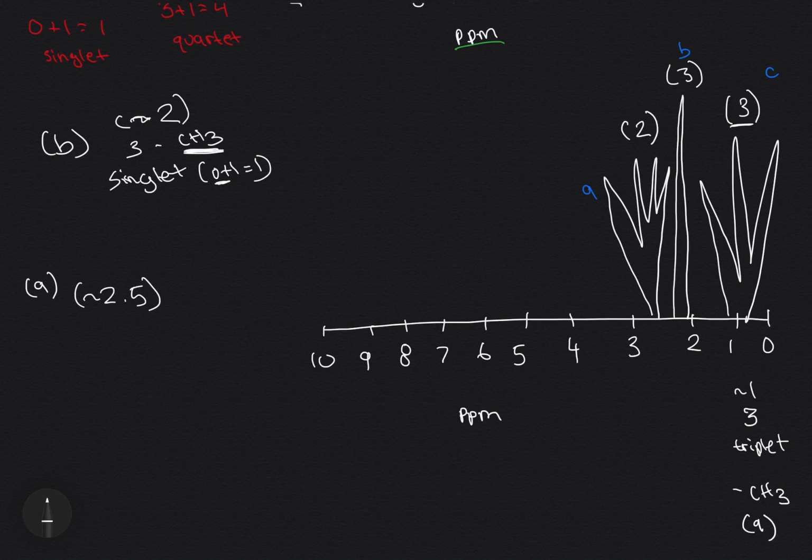Our integration number is 2, and then it is a quartet. So we know since it's a quartet, that would be 3 plus 1, which equals 4. So we know that it is next to 3 hydrogens. So in other words, it's next to, most likely, according to what we have here, a CH3.